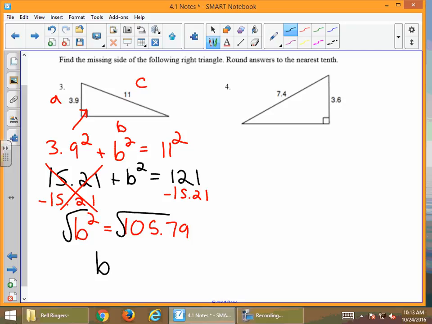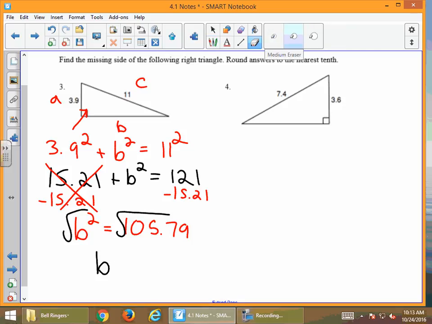So when I do this, instead of using equals, I'm going to use approximate because it tells me to round to the nearest tenth. How many decimal places is a tenth? Tenth is the first decimal spot, then hundredths, thousandths, ten-thousandths, and so on. So it is just one decimal place.